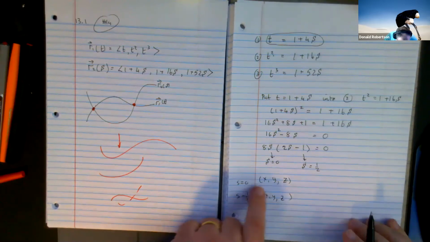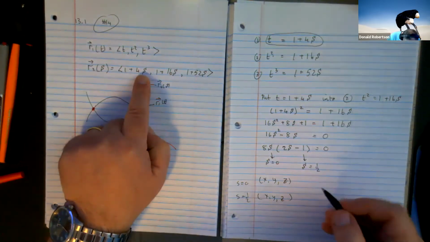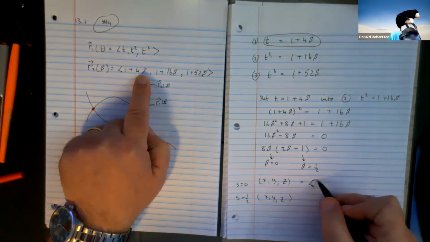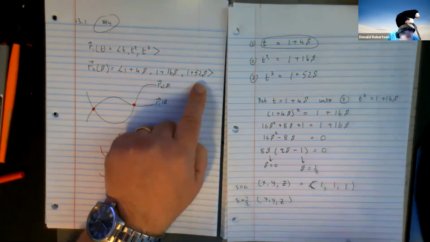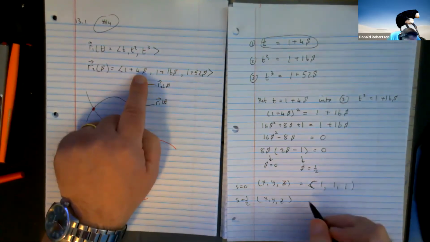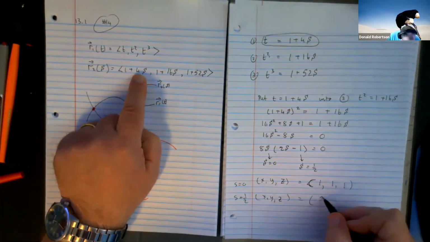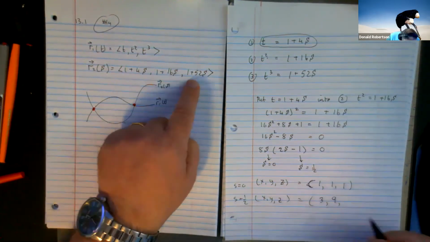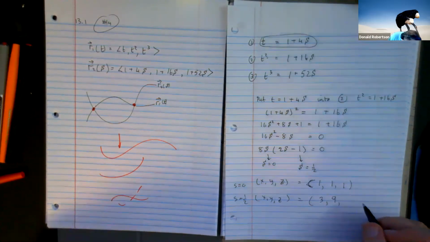Okay, when s equals 0, you get 1, 1, 1. And when it's 1/2, you get 1 plus 2 is 3, 1 plus 8 is 9, and 1 plus half of 26 is 27.